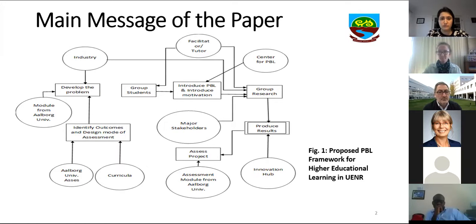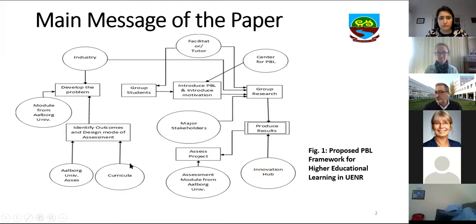So our main contribution was just trying to see how best and developing a framework for the effective and efficient use of PBL for teaching and learning. So in the chart below, we are giving you the framework of how PBL will be used in our institution.